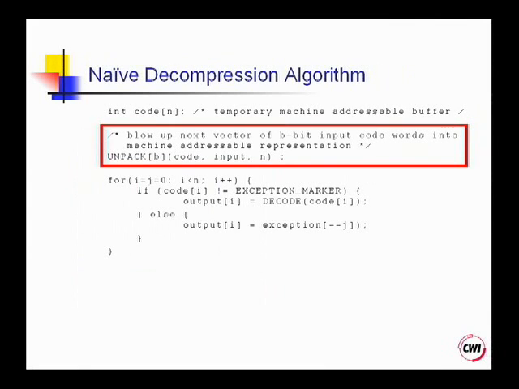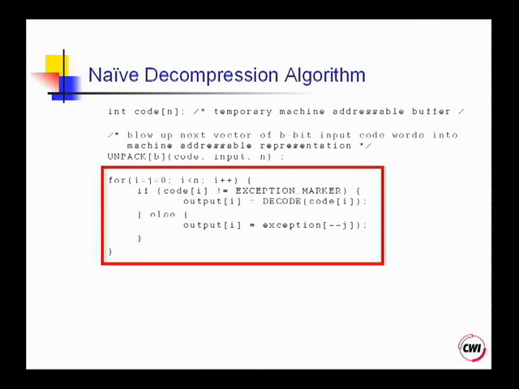So first, we show a code example. We unpack from the code words, which is we get inputs. We unpack them into code, which blows up the B-bit densely packed code words, so we can access them directly in memory. And then we iterate over these unpacked code words and check whether it's an exception marker or not.